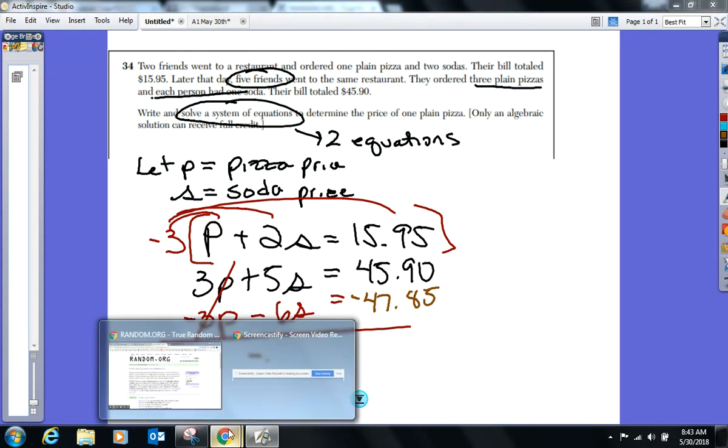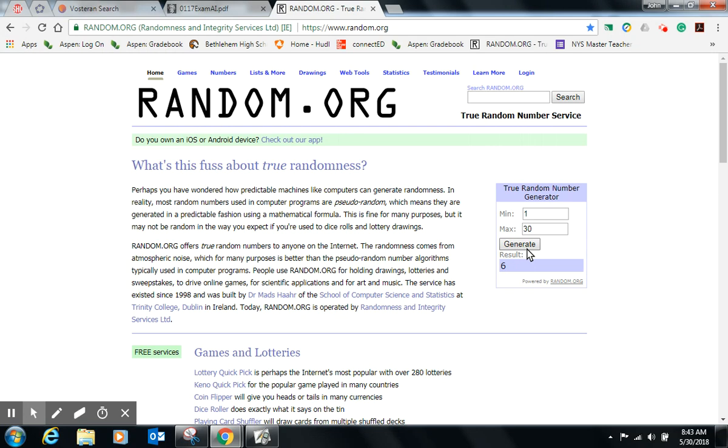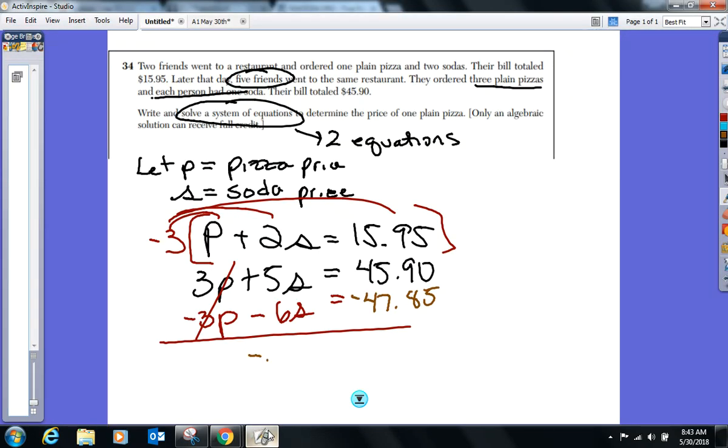Okay, here we go. 5S minus 6S is -1S. 45.90 minus 47.85. Divide both sides by -1. There's the cost of a soda, $1.95.